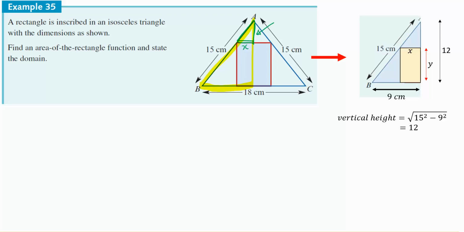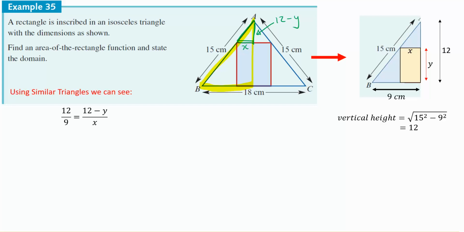If I call this x, I know the entire length is 12. I know from here to here is y. And this leftover side must be 12 minus y. Agree? So this is now 12 minus y.